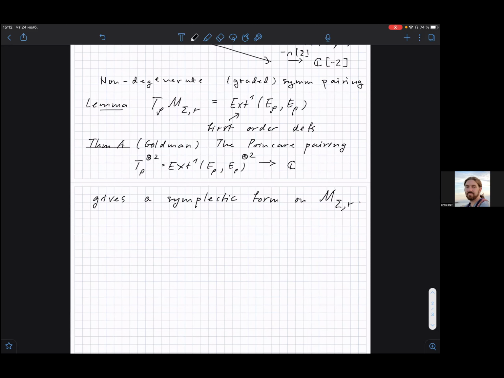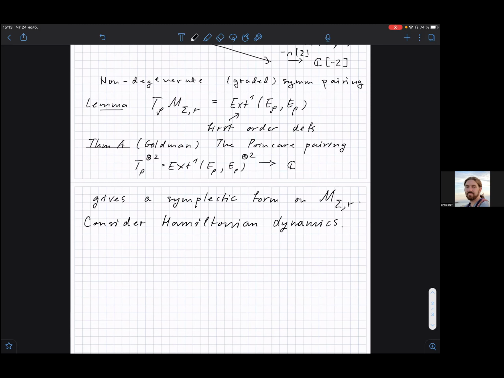So we want to consider Hamiltonian dynamics on this moduli space. We want to think of it as a phase space. And so we need to say how stuff evolves in this phase space.